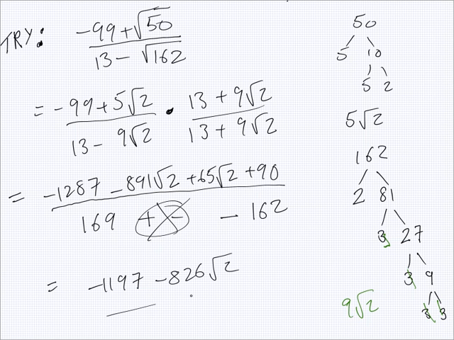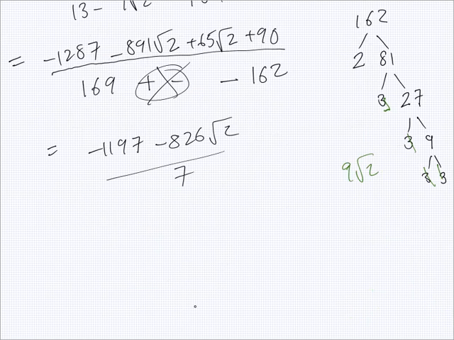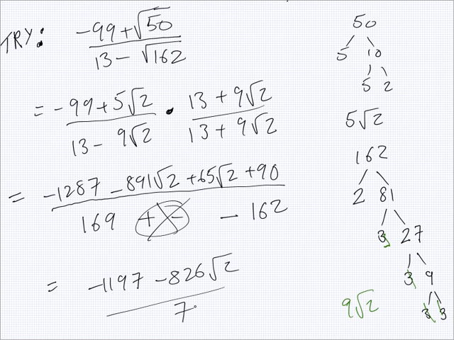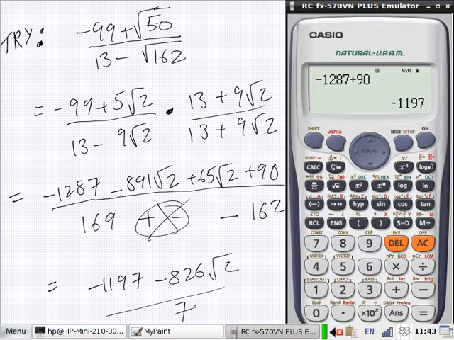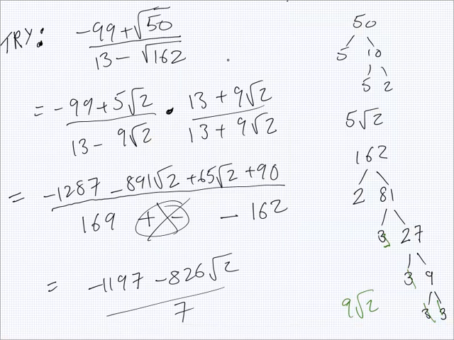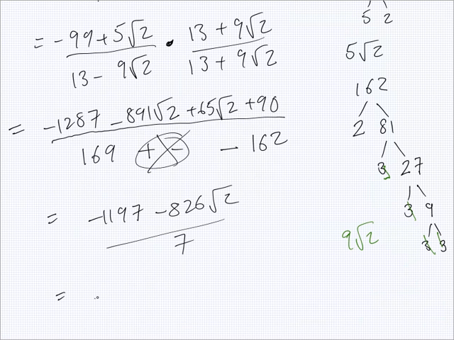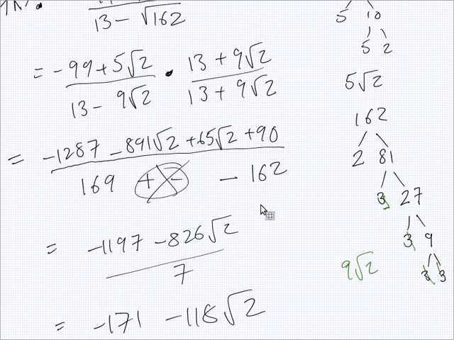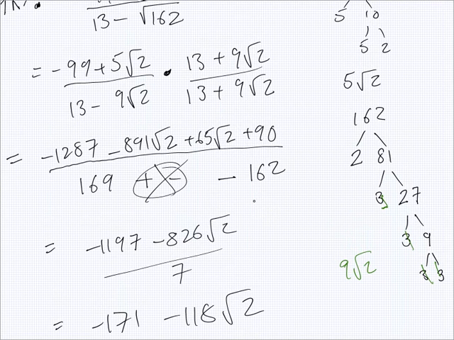Over, and does 7 divide into both those numbers? It does, so 171 for the first one and 108 for the second one. It's tricky.